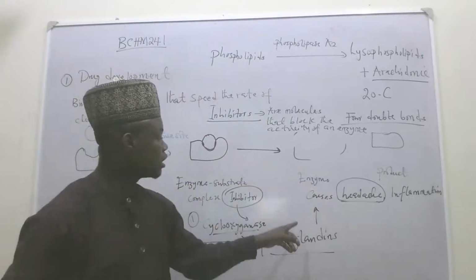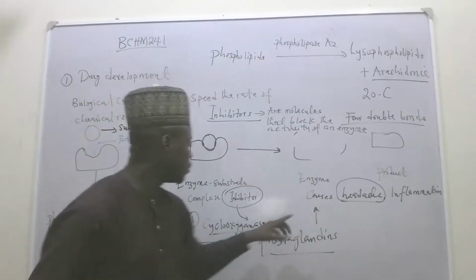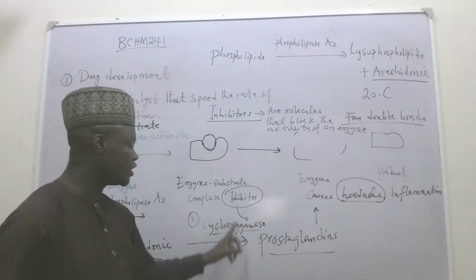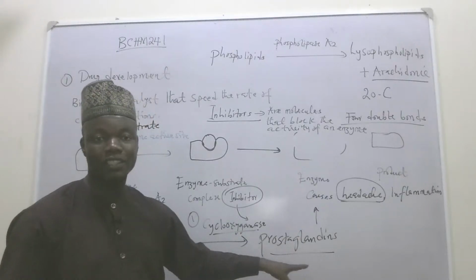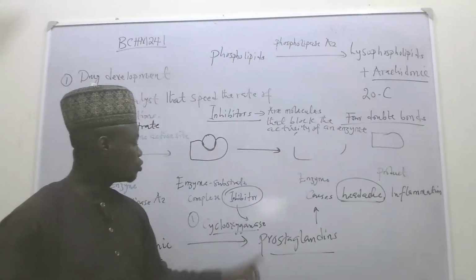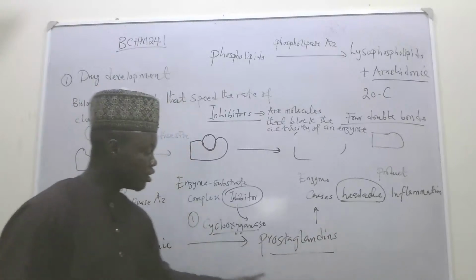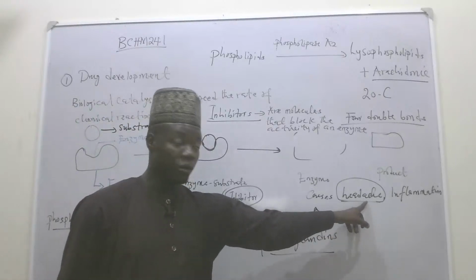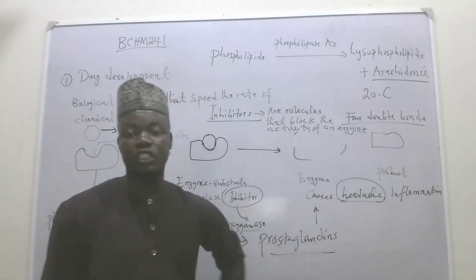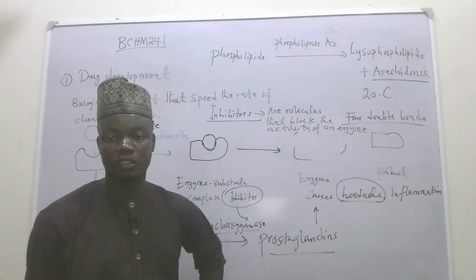Do you think blocking the activity of cyclooxygenase can prevent prostaglandin production? The answer is yes. So if prostaglandins cannot be produced in our body, are we going to have headache and inflammation? That is the question.